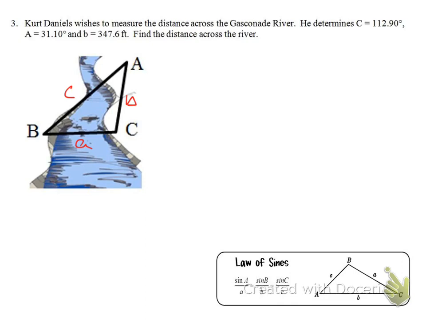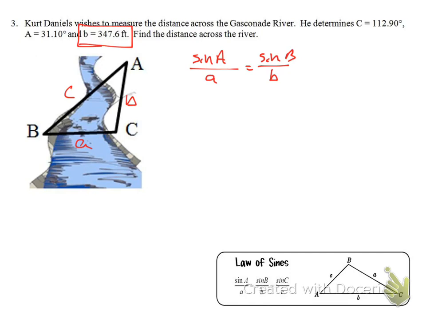Okay? So we've been given, let's see, so we're not trying to find everything. How about we just set up a proportion and figure out what we need if we're missing anything, right? And I want to use the sine of angle B because that's what allows me to use the length of side B, right?